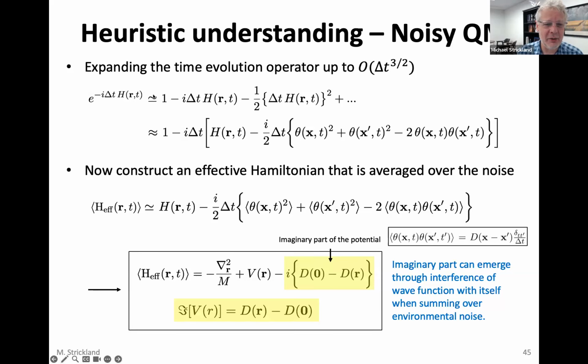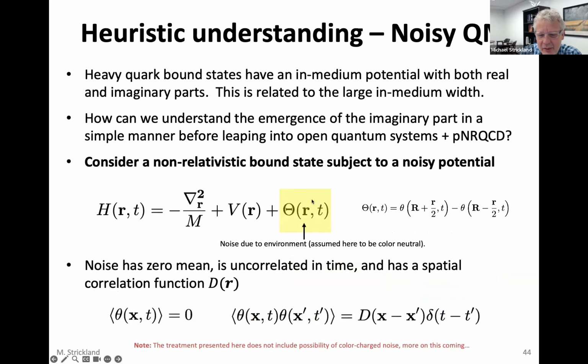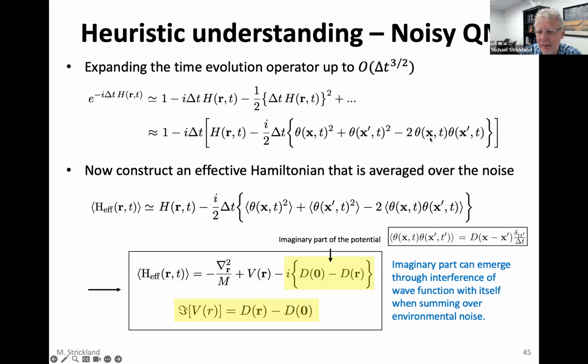So normally I do that with the time evolution operator. And if I expand the time evolution operator to second order, expanding out this exponential, what I will find is that, because H includes these noise fields, I will pick up quadratics in those noise fields at this order.